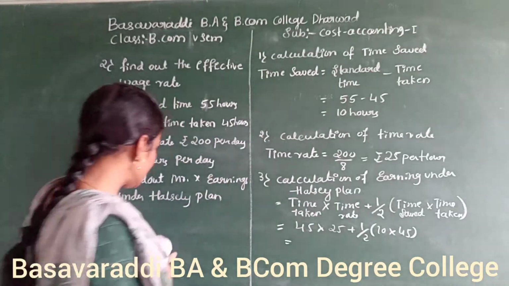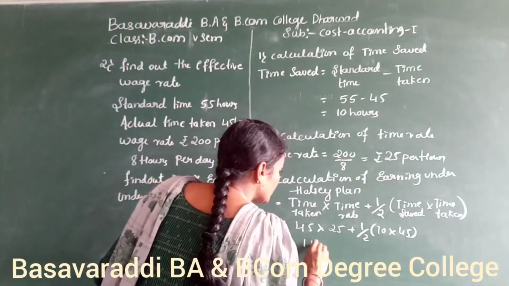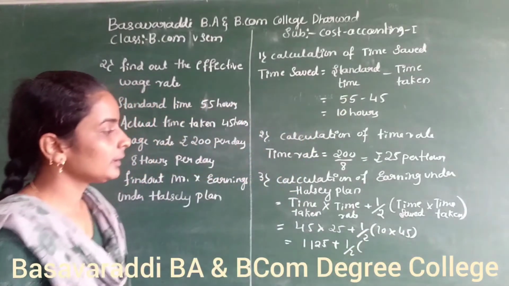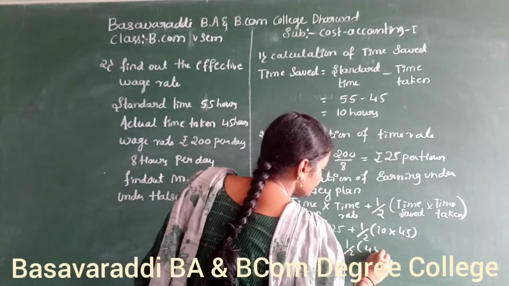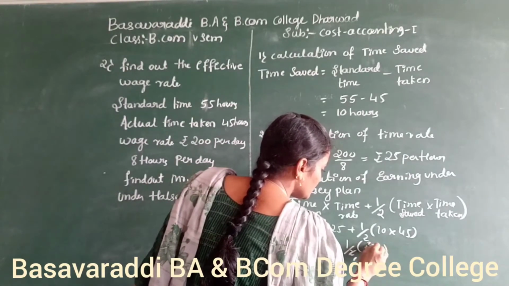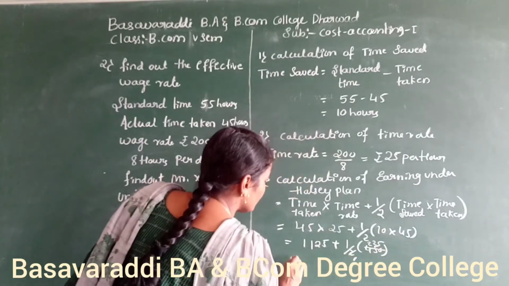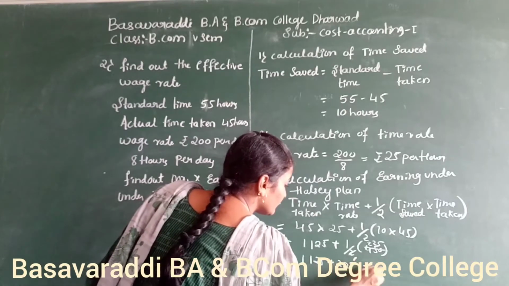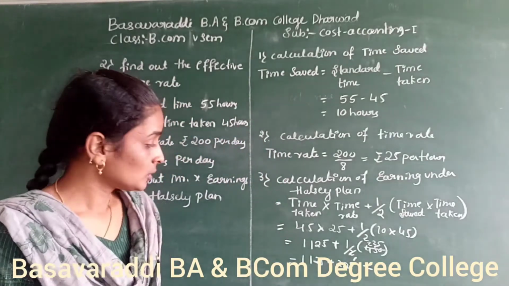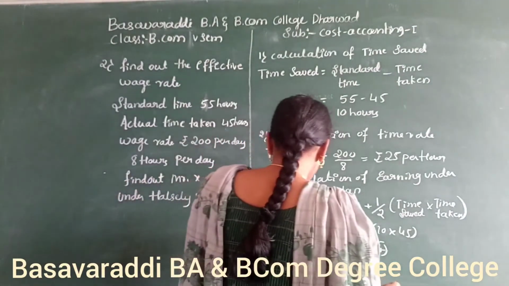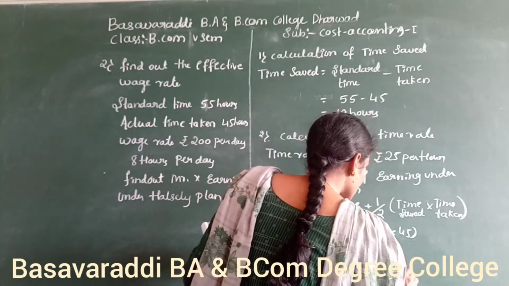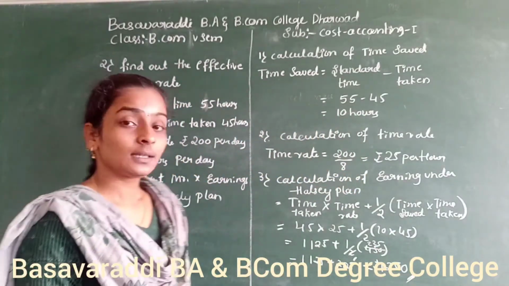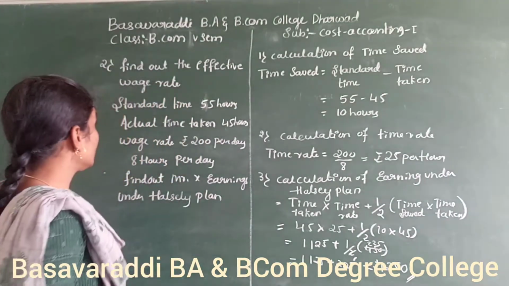So 45 into 25 is 1125, plus 1 divided by 2 into 10 into 45, which is 450, so 225. 1125 plus 225 is 1250 rupees. That is the earnings of Mr. X. Then we have to calculate the effective rate of earnings.